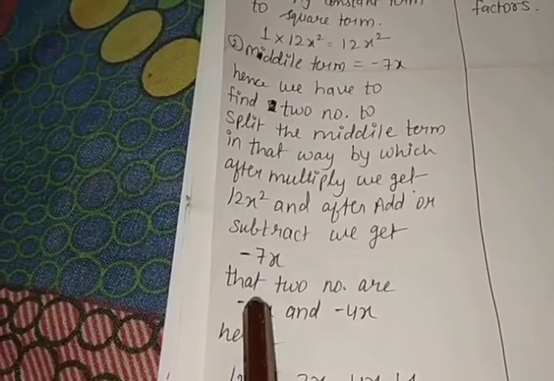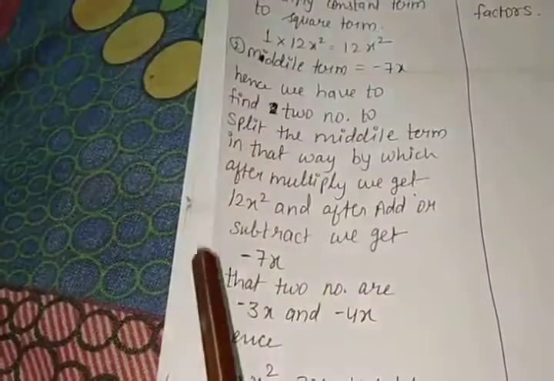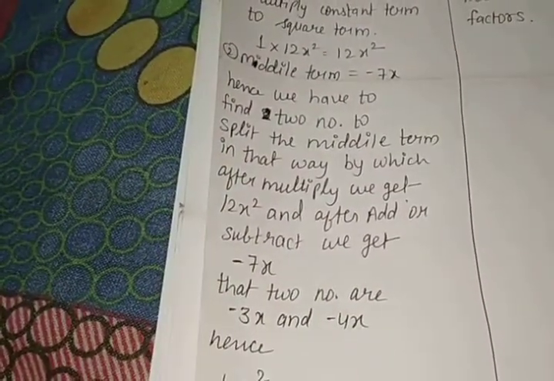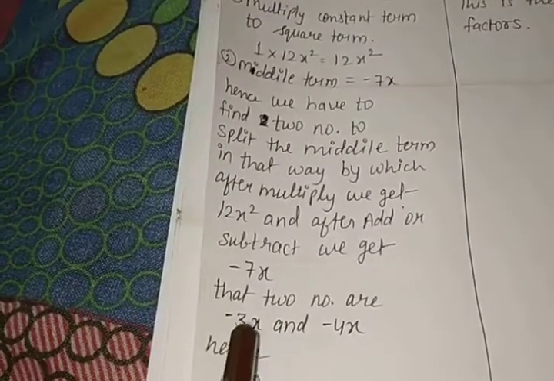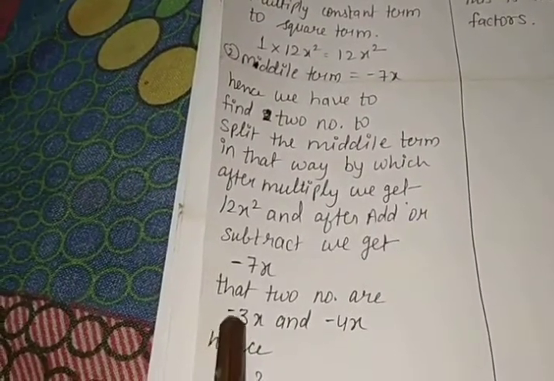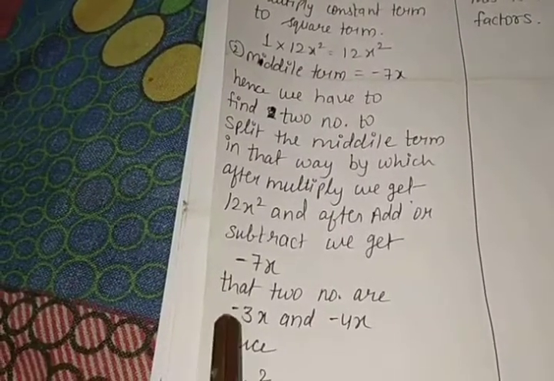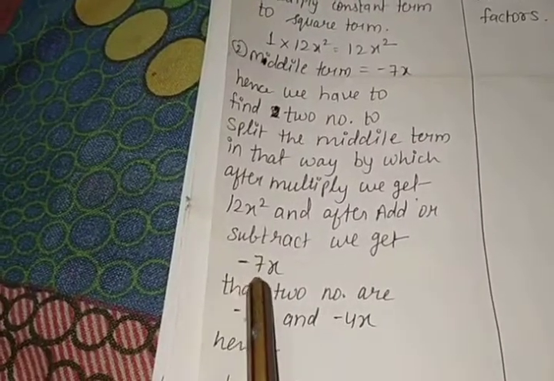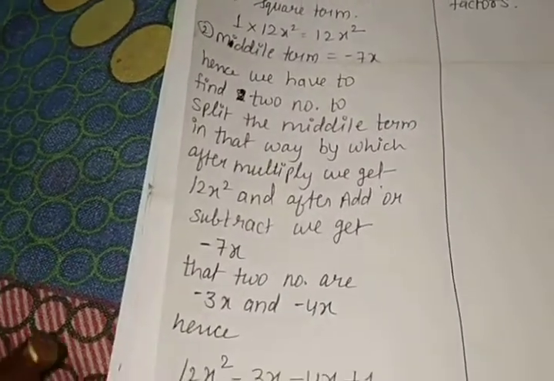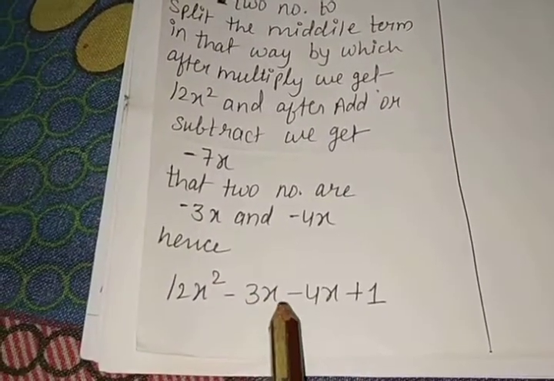So these two numbers fulfill our first condition. The second condition is that after addition we get minus 7x. This is negative, this is also negative, so 3x plus 4x gives minus 7x. Hence we can put minus 3x and minus 4x in the place of the middle term.